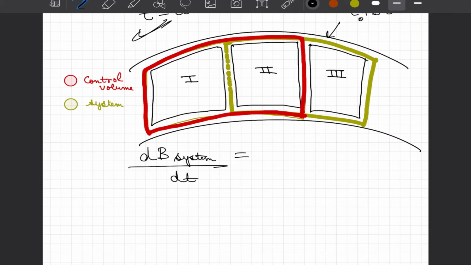Now, we know that the system initially was at a stage comprising of 1 plus 2, and 1 plus 2 is equivalent to our control volume, and at t plus delta t our system has moved to 2 plus 3.